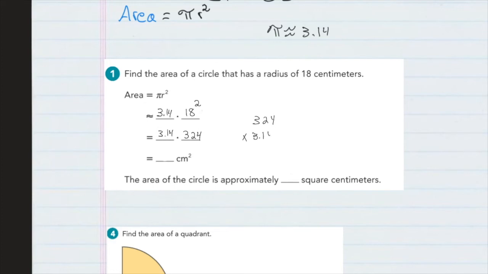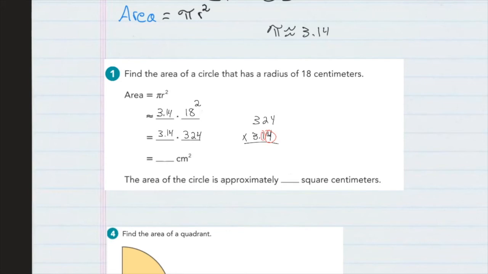3.14 if you want, but I'm okay if you use a calculator for this one. Just know that when you're doing it by hand, you do have decimals. And when you work with decimals, you remember you count how many digits you have to the right of the decimal symbol, because that's where you have to move the decimal point for your final answer.